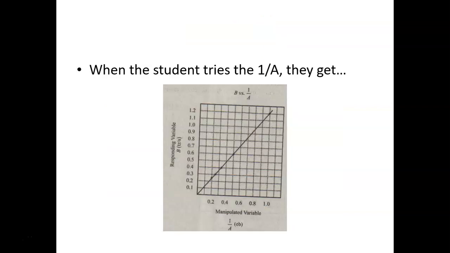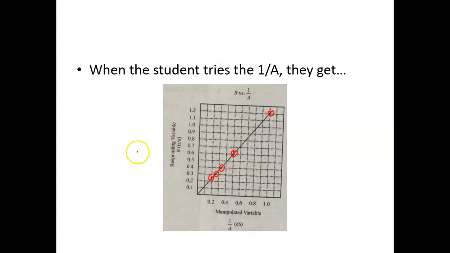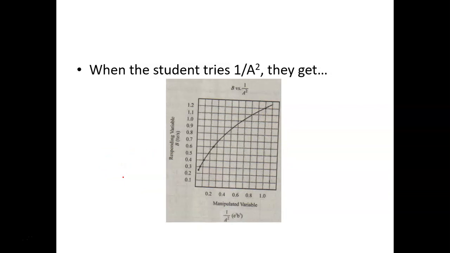Now, if we try 1 over A, we actually get data that looks like this. That's just plotting those data points from the last slide. That is what graph Q looks like. When we try 1 over A squared, this is what graph R looks like.